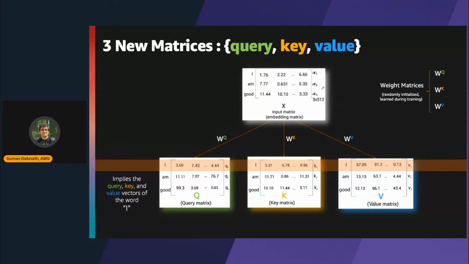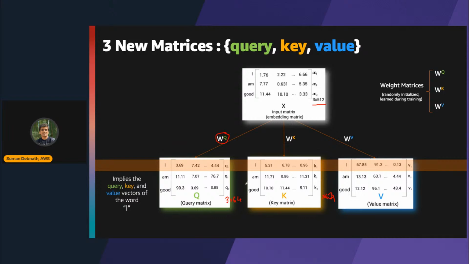The dimension of this input matrix is 3 by 512, and the dimension of each of these is 3 by 64. So can anyone tell me what should be the dimension of this WQ?